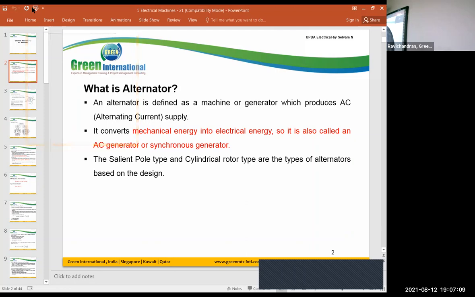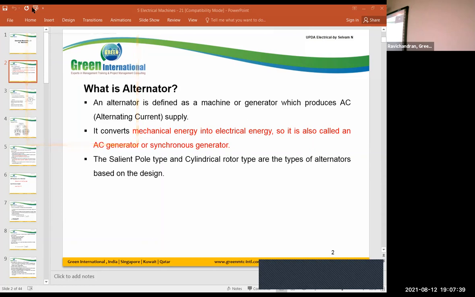As I said earlier, I work out the questions, because we collected all the questions for the last 1 year. For example, some months back, I read a question. Sometimes they ask about the total losses of the transformer, which is copper losses and core losses.